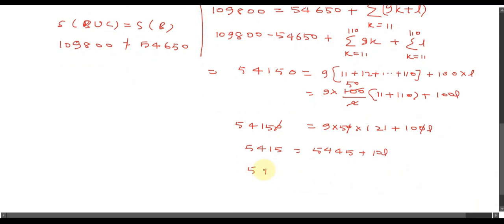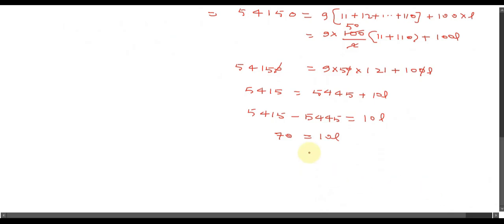Then 5515 minus 5445 is equal to 10L, and this subtraction gives 70, which is equal to 10L. So on dividing by 10, the value of L is equal to 7. So we have got the value of L, which is 7.